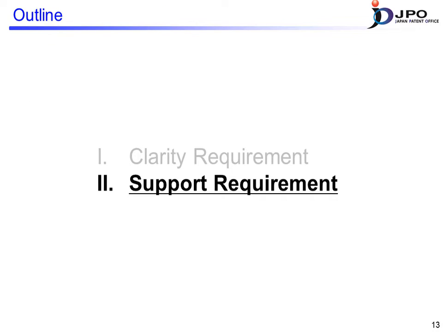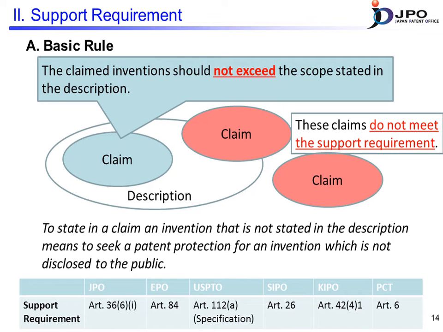Now, let's look at the support requirement. What is the support requirement? The basic principle of the patent system is to grant an exclusive right for a certain period for the invention that the applicant discloses to the public by means of the patent application.